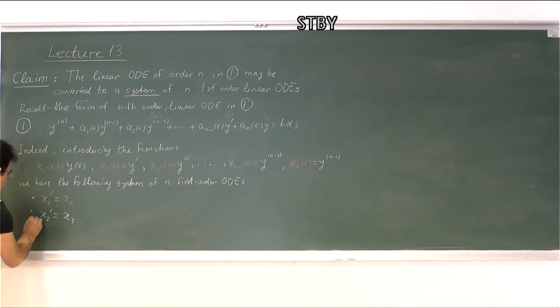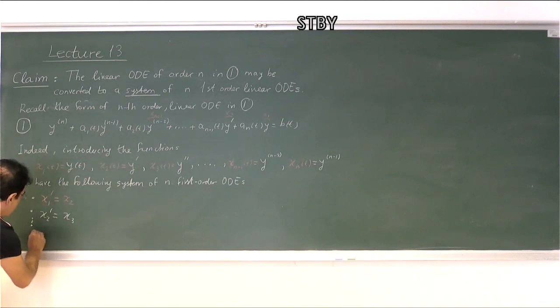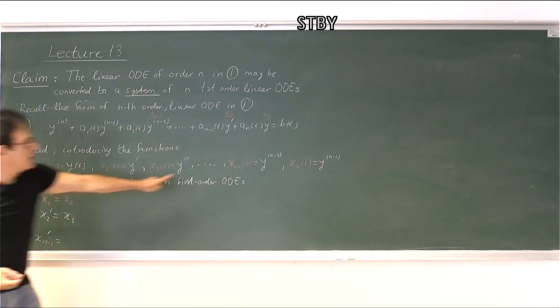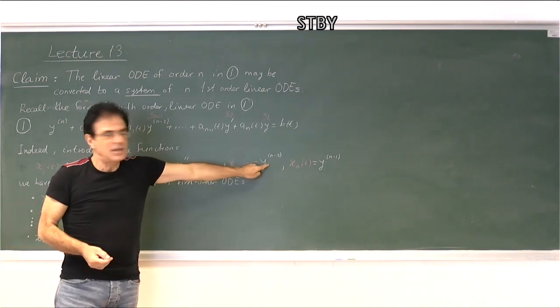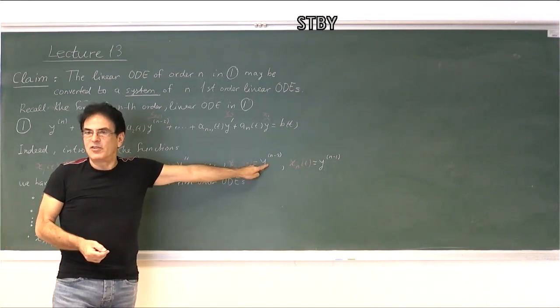Continuing in this way, we take the derivative of x_{n-1}. x_{n-1} is the (n-2)th derivative of y.